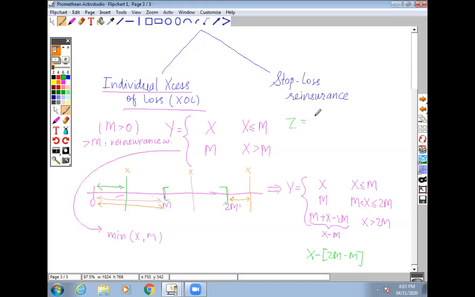What do you think that will be here? Again we'll have two different cases, X less than or equal to M and X greater than M. So what will it look like for the reinsurance company? For the first part, it will be 0, and for the second part, it will be X minus M.